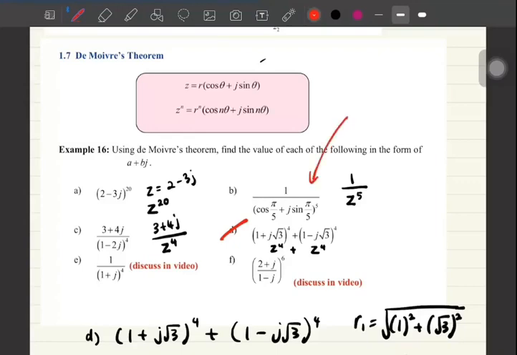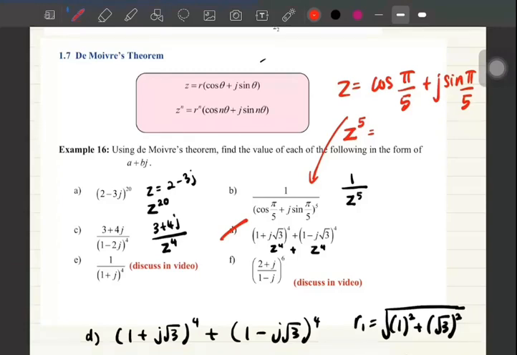So dalam case ni, Z awak sama dengan cos pi per 5 tambah J sin pi per 5. So you nak cari Z kuasa 5. What is your R here? Your R is equals to 1 sebab dia tak tulis kan.